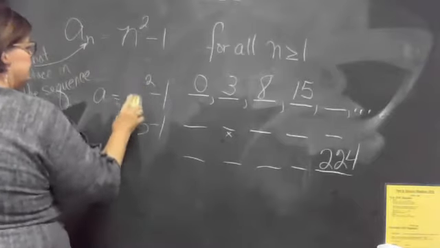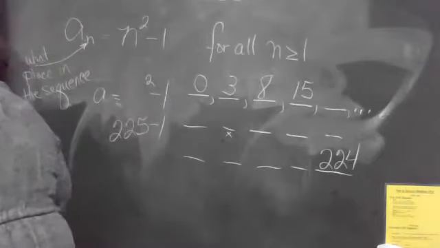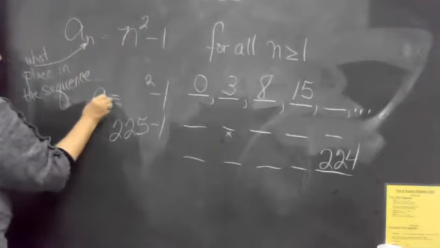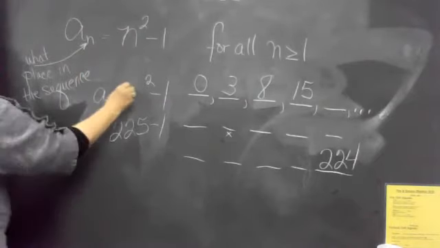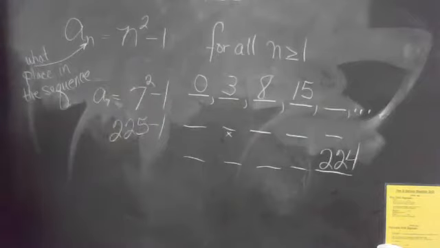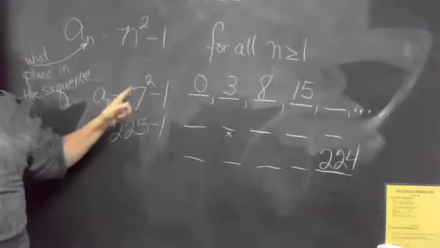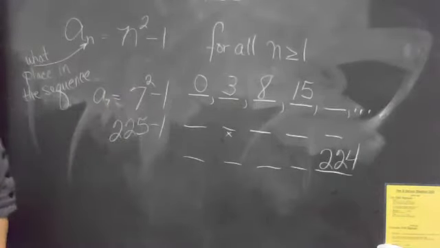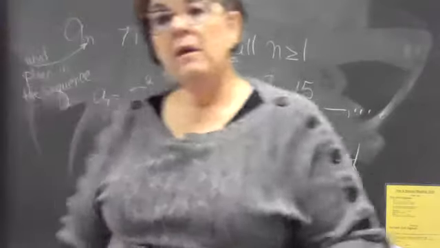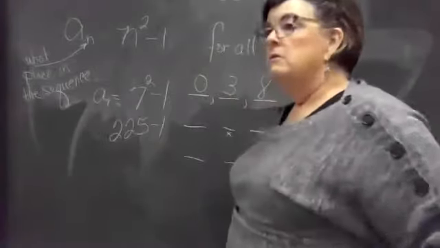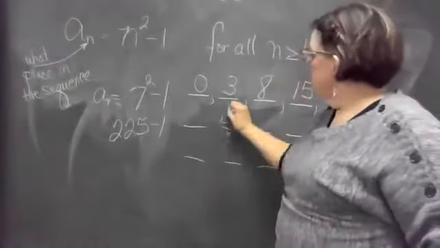So it's a7 equals, what is this? Oh, 7, I'm sorry. 7 squared, 7 is squared. 49. Okay, minus one would be 48. So this one would be 48.